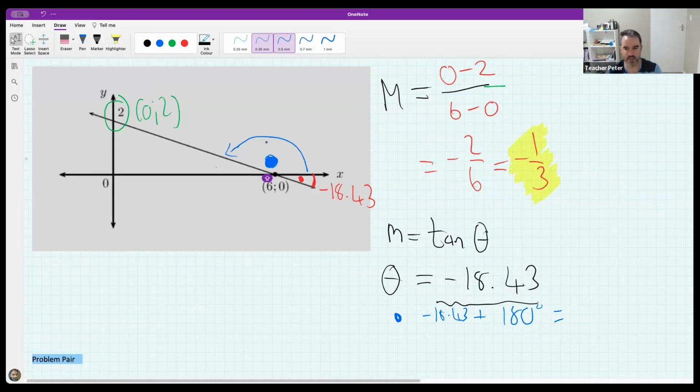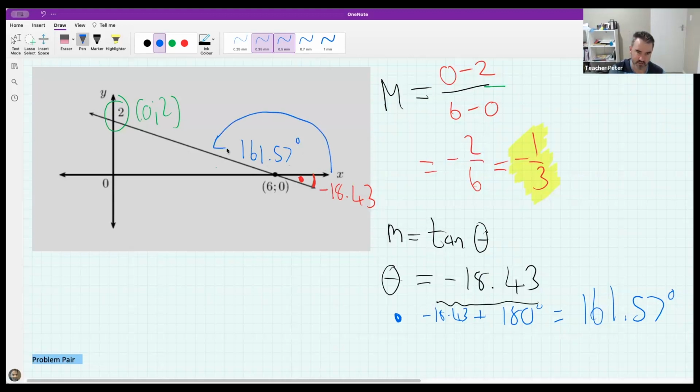So I'm going to use my calculator, plus 180, and I get 161.57. And if I look at this visually, this makes a lot more sense. The angle of inclination is always measured from the positive x-axis in this direction.